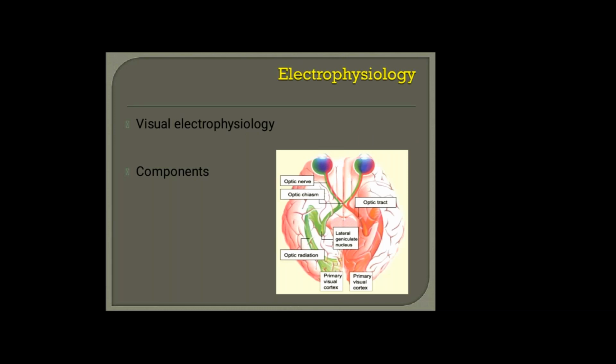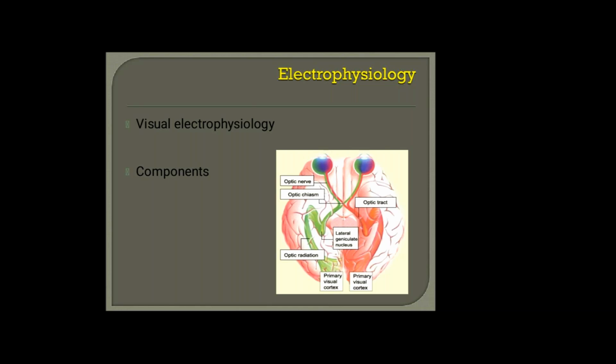Usually electrophysiology, a kind of visual electrophysiology, starts from electrical potential, and everything is related to function. In your day-to-day practice you are dealing with the structural equivalent, so there is no functional status.